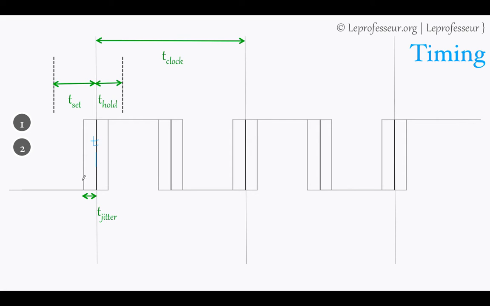But what happens is that the clock may have some uncertainty, so it may come sometimes earlier, or it may come in the next clock cycle sometimes late. So some uncertainty. We are talking about the same flip-flop's input edge.